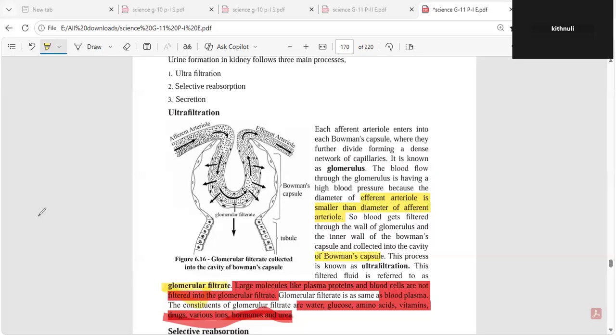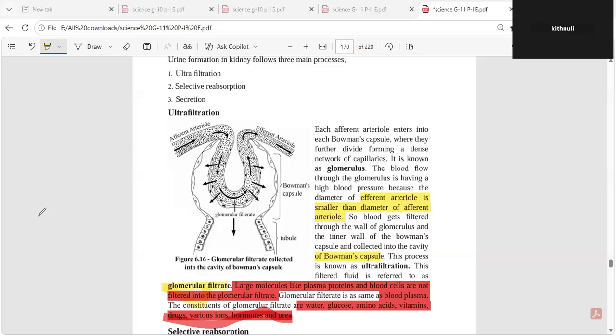are filtered through the glomerulus, right? But when you are talking about this filtrate, you can see some essential molecules.